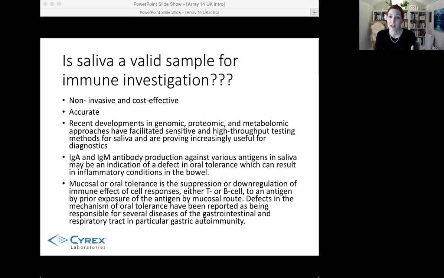So I've mentioned already gluten reactivity, celiac disease, parasitic infection, breast cancer, which of course we're not looking at with Cyrex, but oxidative stress, also inflammatory bowel disease, and lots of different types of infection are able to be identified in saliva.